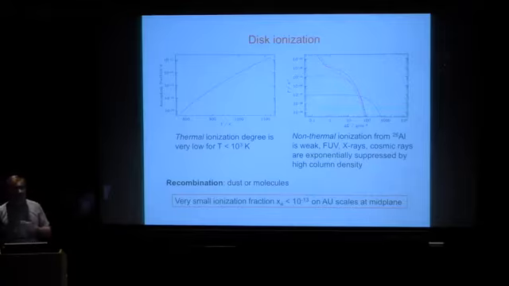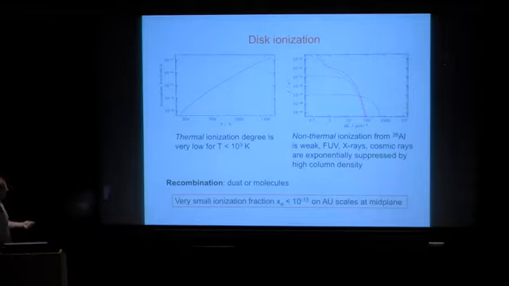So an overwhelmingly neutral system just from the point of view of thermal ionization. So that's at 1,000 degrees Kelvin. If you go out to where the Earth was forming, you might have temperatures of a few hundred degrees. If you go out to where Jupiter or Uranus and Neptune were forming, you might have temperatures below 100 degrees. So in that circumstance, the thermal ionization contribution is completely negligible.